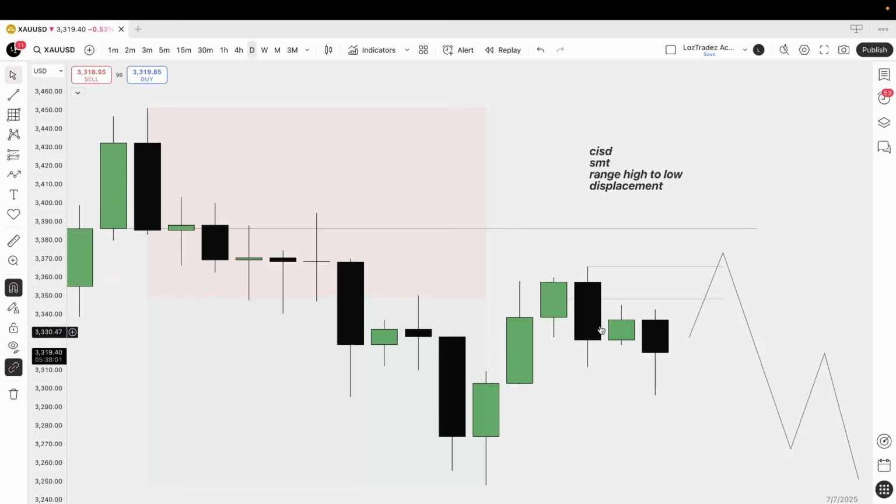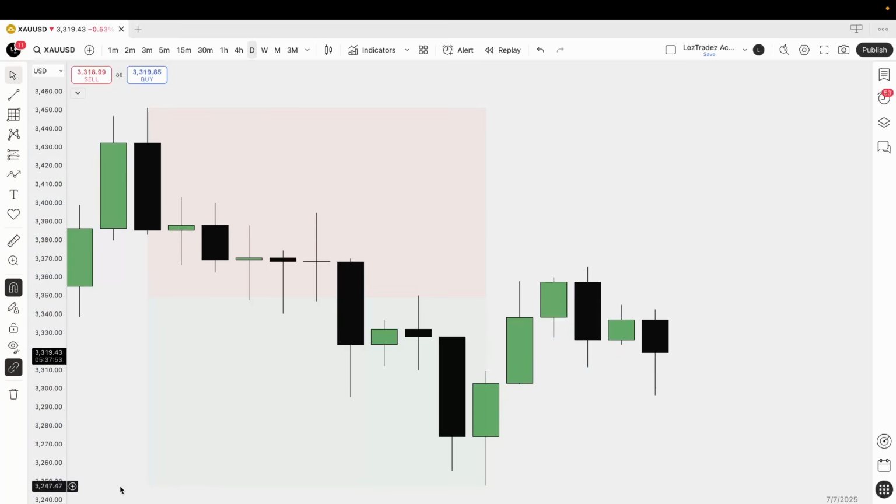That's the key. You mark up all the discount arrays, all the premium arrays. For example, again, just to recap, and I know I'm sort of repeating myself now, but it's so important. You have the range. Since I'm bullish on this market, that low is a key discount array. That's a key discount array because it's in the last 20 days, evidently, because these are the last 20 days, right?